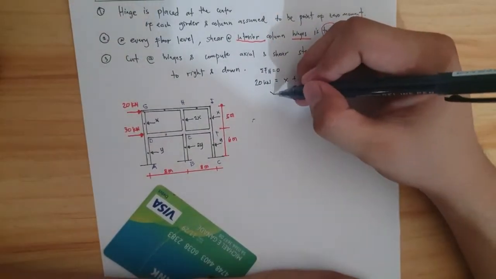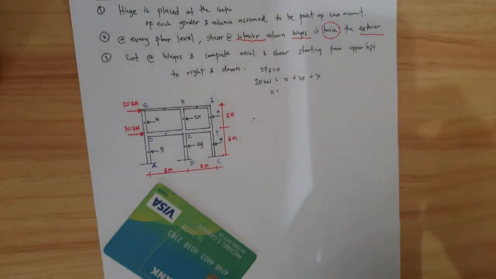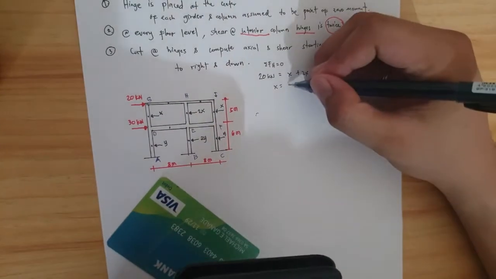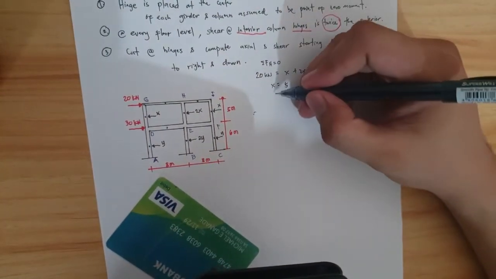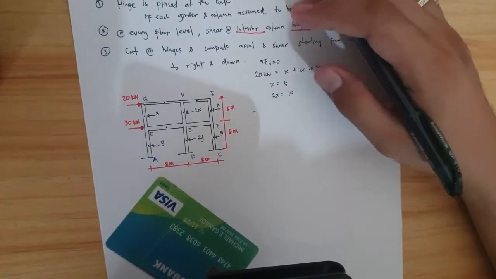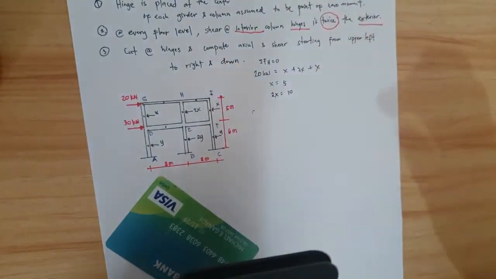Then we can get X. We have 20 equal to 4X, then X is equal to 5, and 2X is equal to 10. So we have a 5, a 10, and a 5 here.